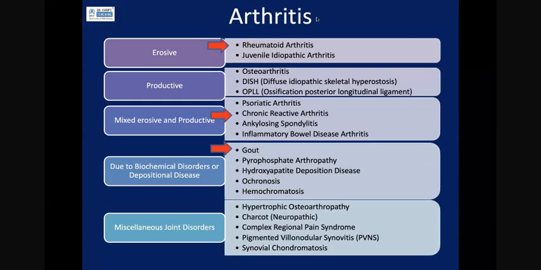Now, as far as arthritis is concerned, this is the overall classification: erosive, productive, mixed erosive and productive, due to biochemical disorders, depositional disease, and miscellaneous joint disorders. Considering what was happening in this case, there were erosions. Whenever there are erosions, you have to have a clear-cut idea which joints are involved.